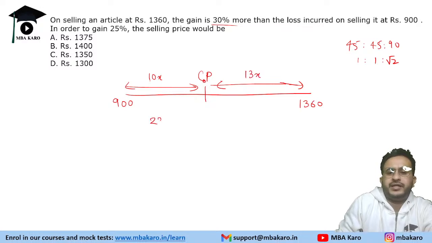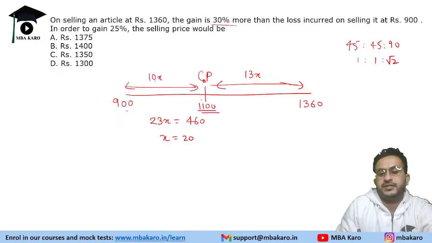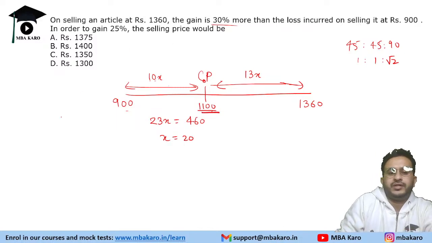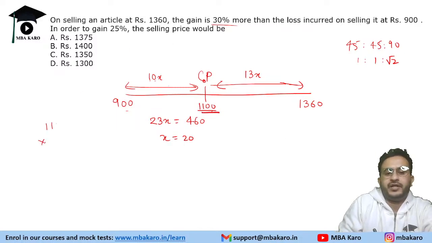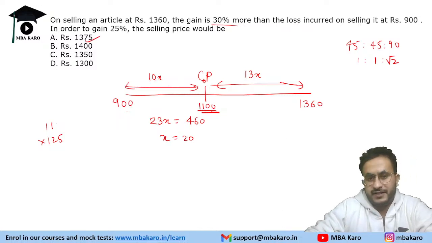So 23x is equal to 460, or x is equal to 20. So the cost price will become 1100, 10x is 200, so add it to 900 to get 1100. So 125% of 1100, your answer will come as 1375.